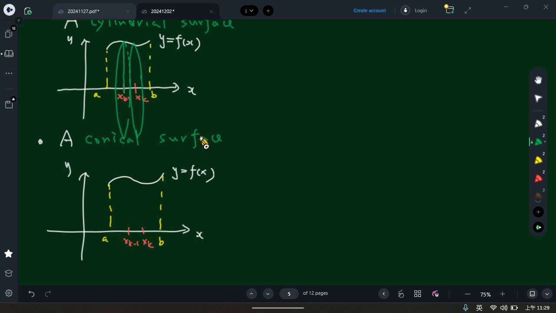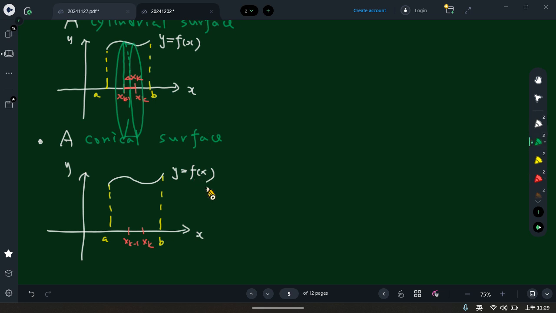I can use s_{k-1} to revolve, using its height to revolve, but I use delta s_k to become its width.